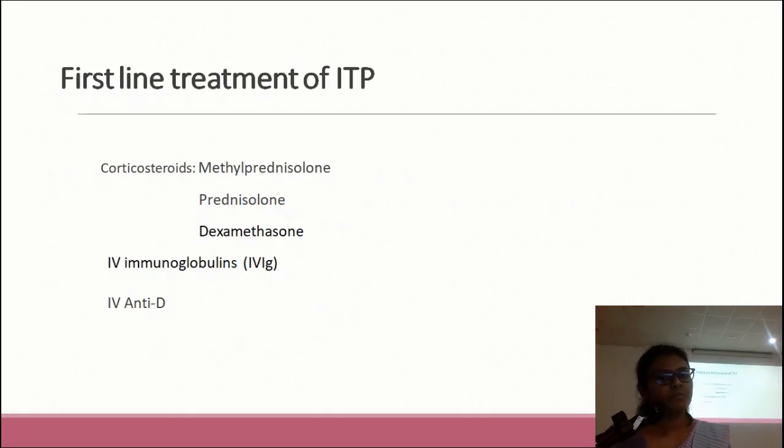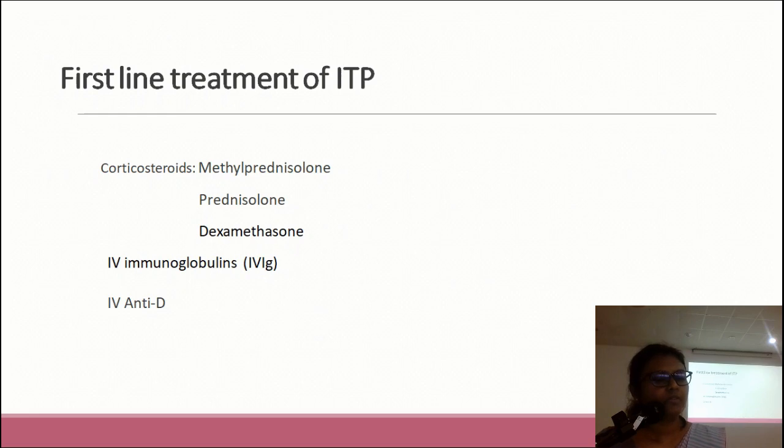First line treatment of ITP is mainly corticosteroids. We normally practice oral prednisolone, IV methylprednisolone for emergency situations, and dexamethasone, again a pulse treatment.